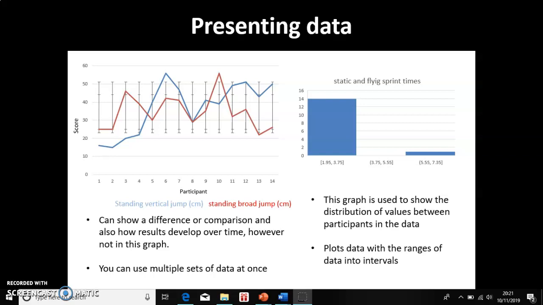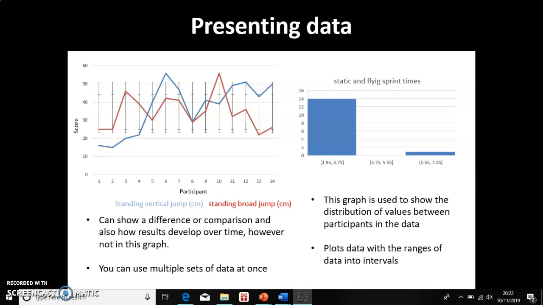Straight away you can see that between 1.95 and 3.75 was without a doubt the highest, and it also means that basically the whole group apart from one was placed in this interval. A negative to this, however, is that it is not very descriptive of the individual scores.